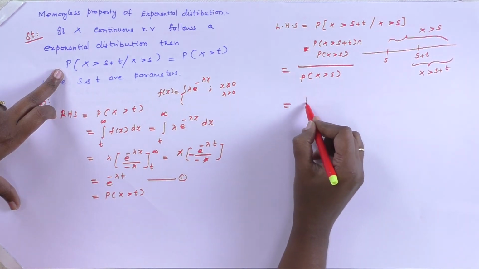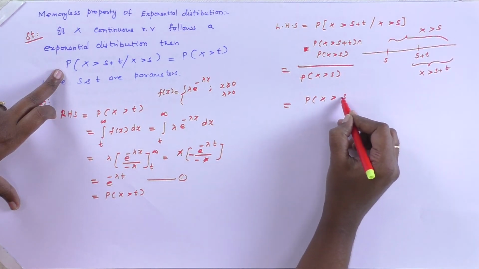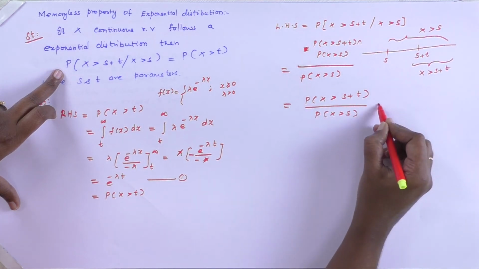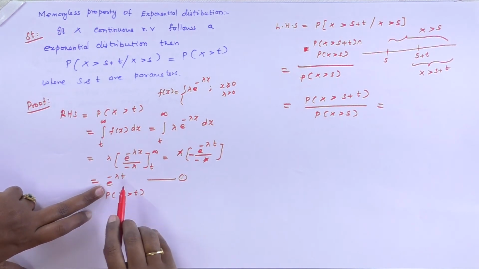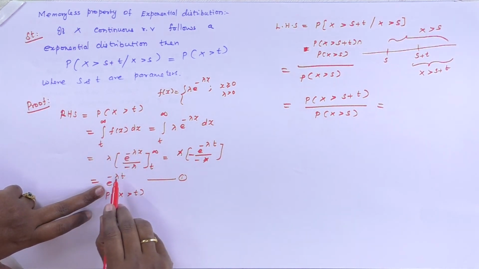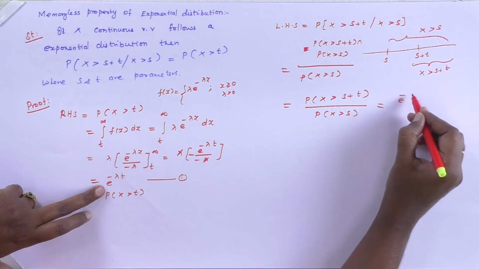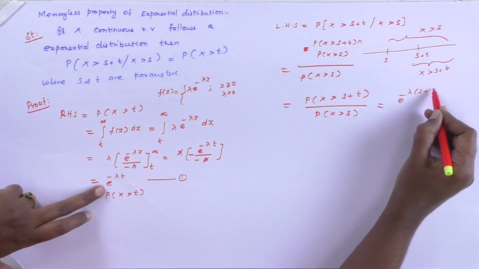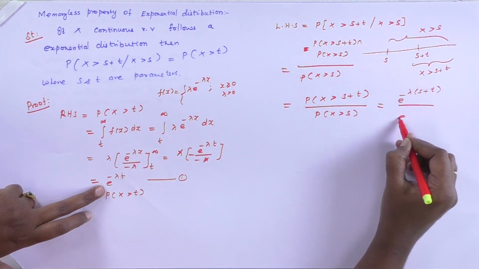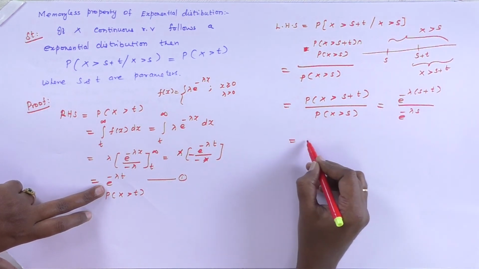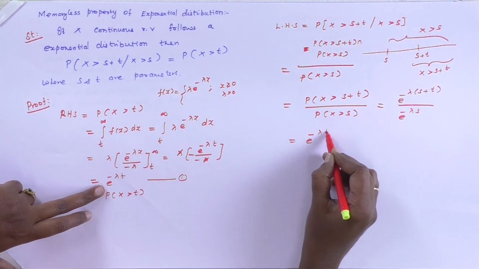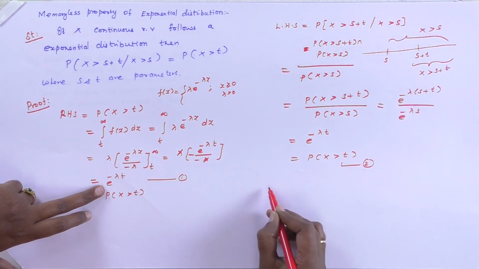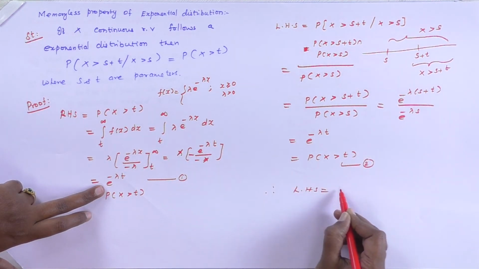Therefore the common term for the above is p of x greater than s plus t divided by p of x greater than s. According to the first equation, p of x greater than t can be written as e power minus lambda t. So here, instead of t we have s plus t: e power minus lambda times s plus t divided by e power minus lambda s. Simplifying this, we get the answer e power minus lambda t, that is p of x greater than t. It's the second equation. Therefore LHS is equal to RHS.